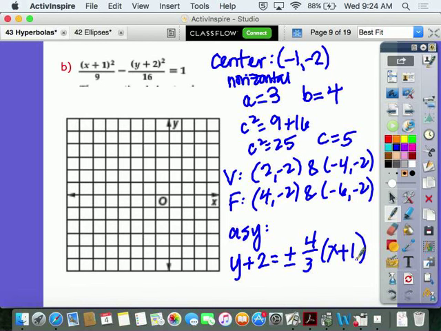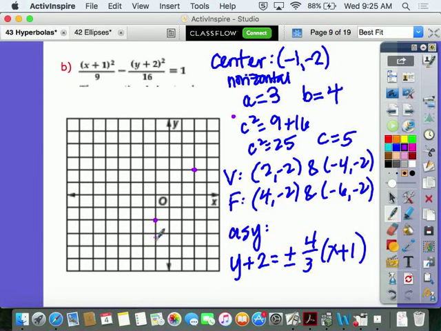graph your asymptotes, or you can go from your center which is located at -1, -2, and apply your slope. I need a positive 4/3, so that means I'm going to go up 4, 1, 2, 3, 4, over 3, 1, 2, 3. Up 4, over 3.